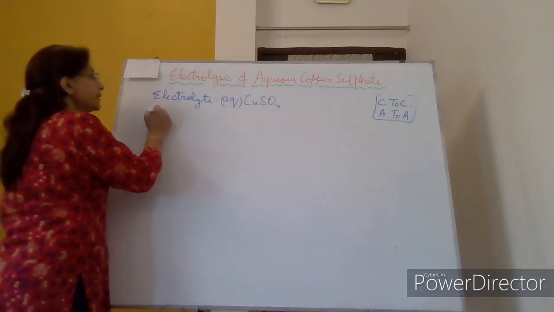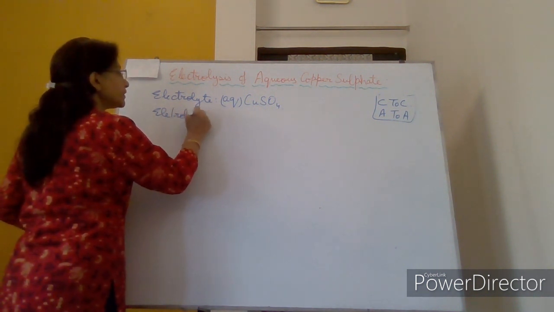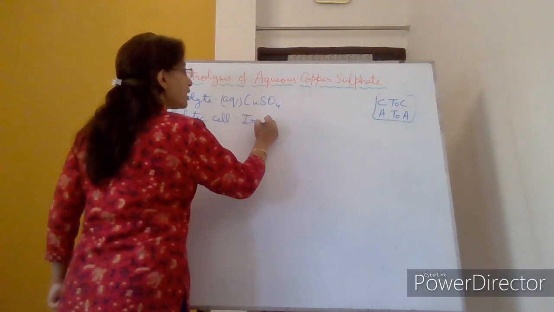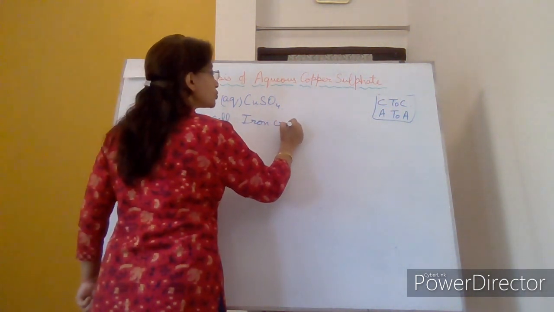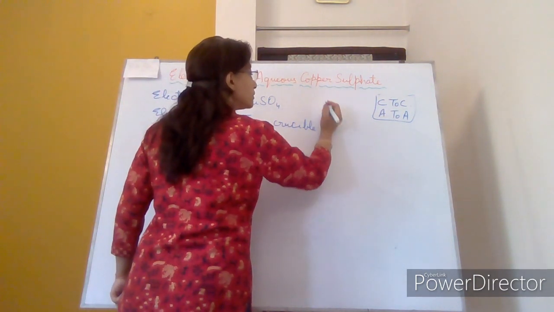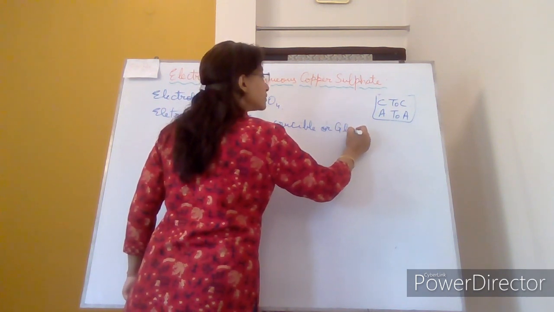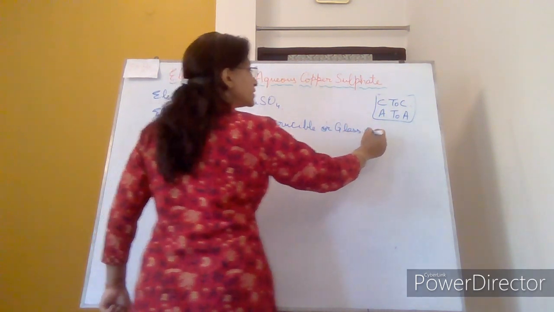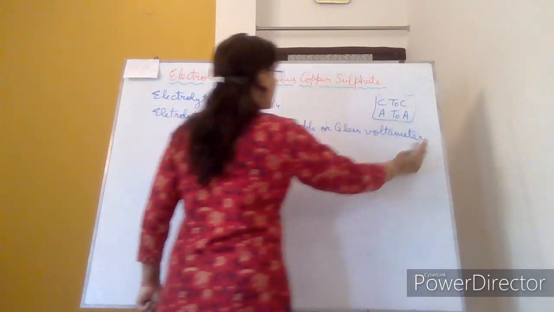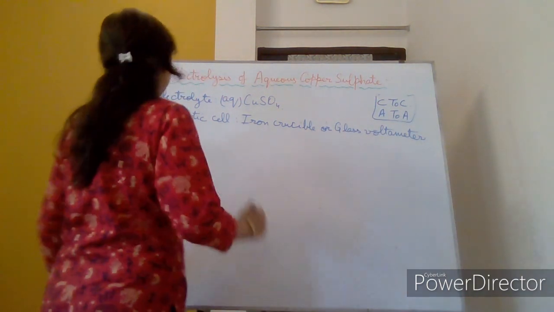The electrolytic cell that we will be using here is either an iron crucible or a glass voltameter.